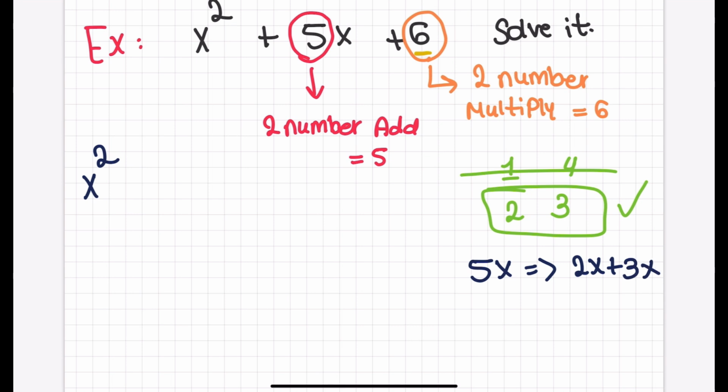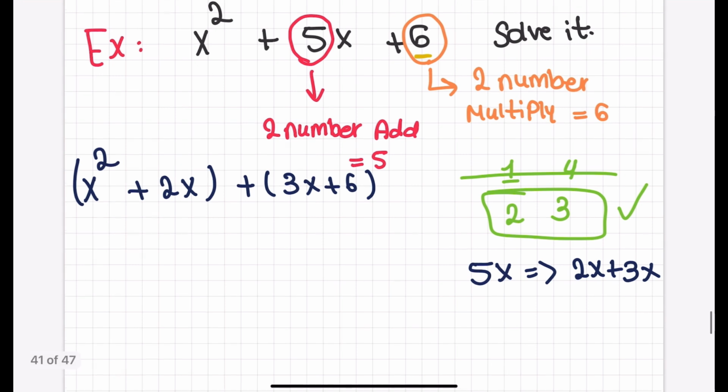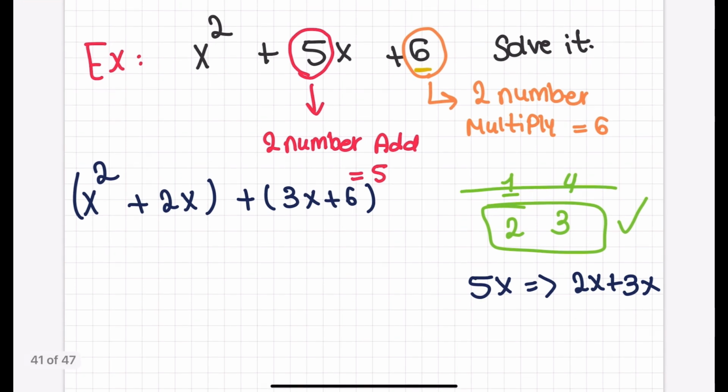So I'm going to write down x squared plus 2x, I'm going to put a bracket here, plus 3x plus 6.